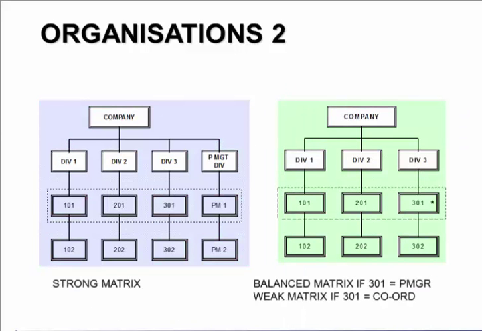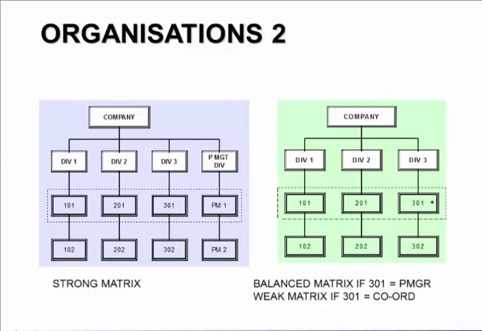So you can have a matrix structure which grabs different people from different aspects. Okay, and there are various gradings of matrix. What a matrix does, as I mentioned before, is take personnel temporarily and use their resources from the functional part within the task.